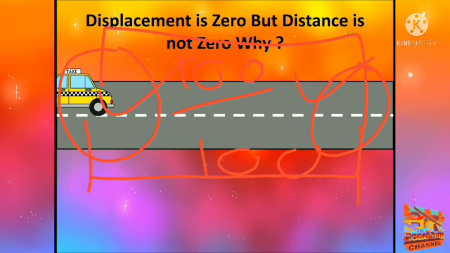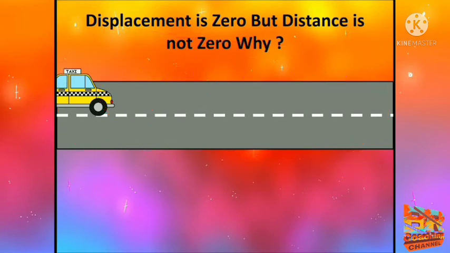And what about the distance? First it traveled 100 meters and again it came back, traveled 100 meters. That means while it is moving in the forward direction and moving in the backward direction, the total distance covered is 200 meters. That is the total path it traveled in to and fro motion.